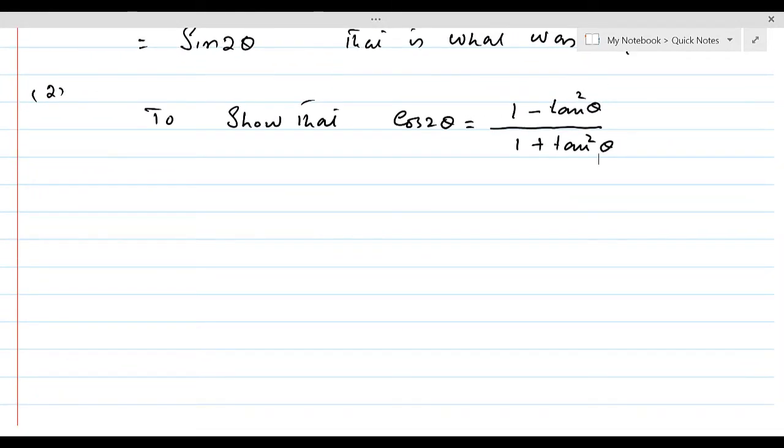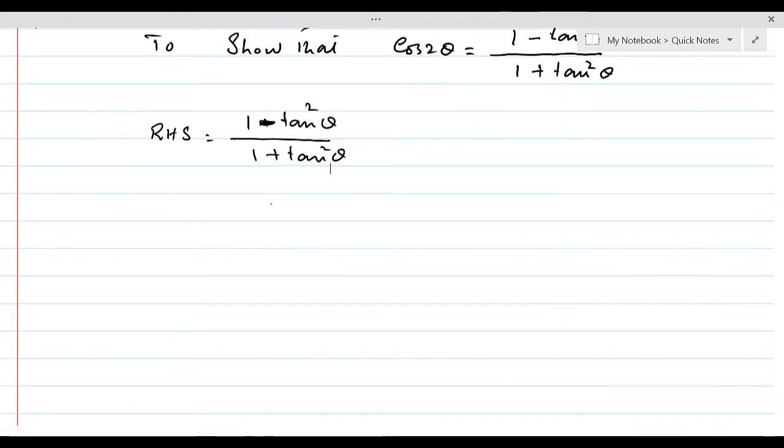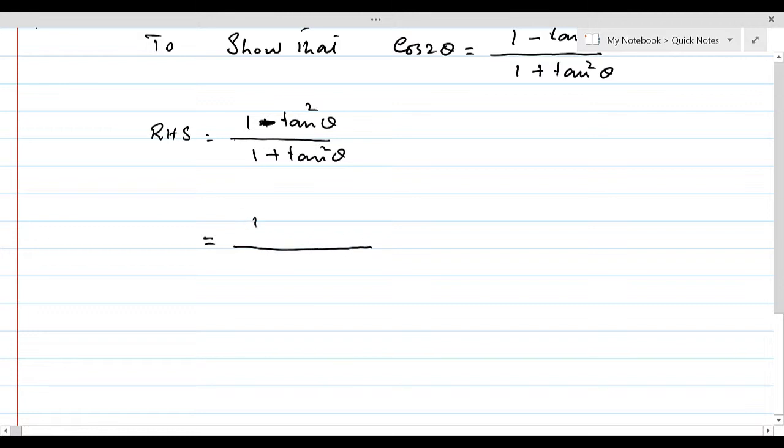So now we are going to take right hand side. Right hand side is equal to 1 minus tan square theta over 1 plus tan square theta. Replacing tan in terms of sine and cosine, that will give us 1 minus sine square theta over cos square theta, and in the denominator we will have 1 plus sine square theta over cos square theta.